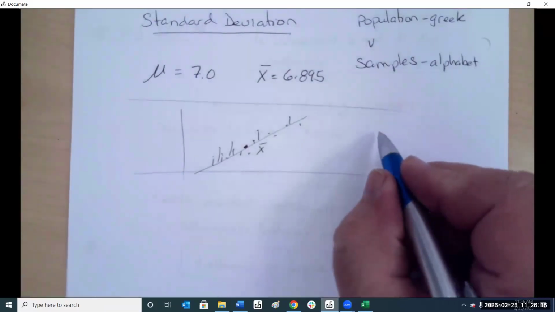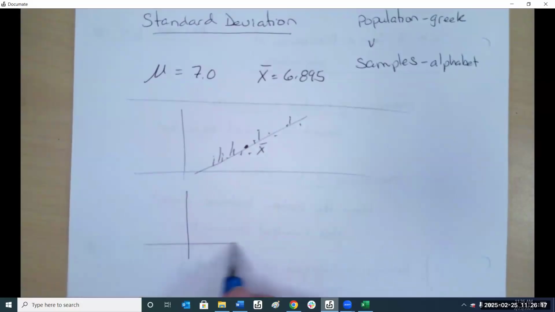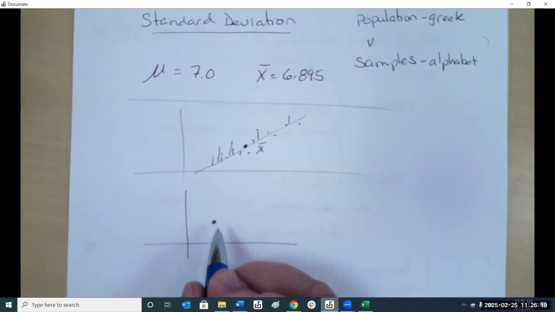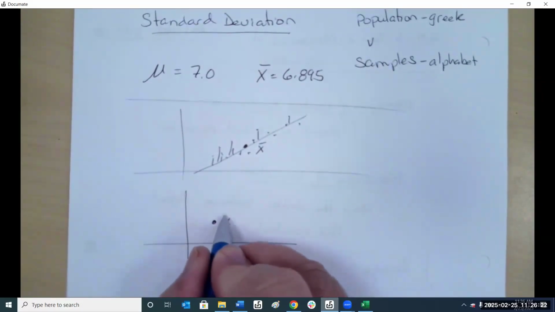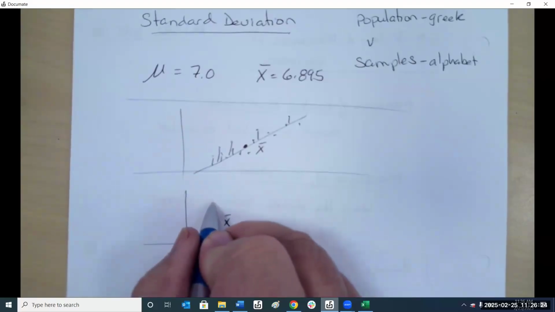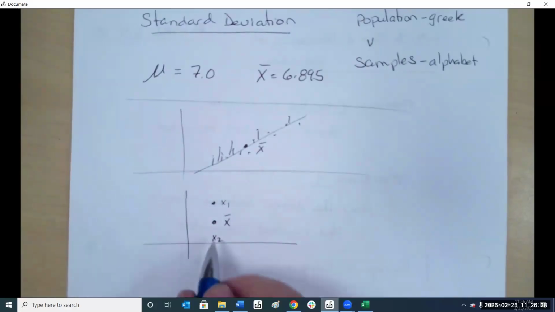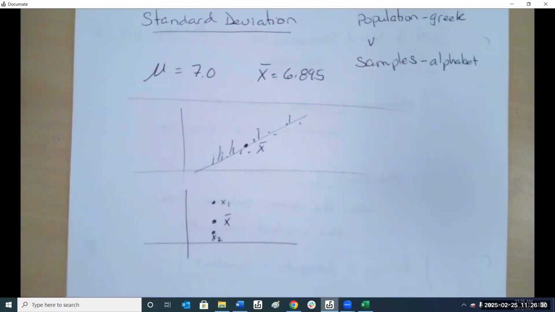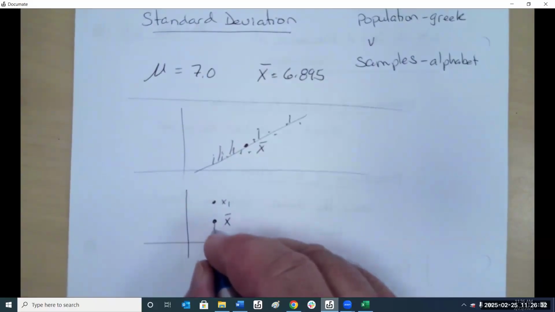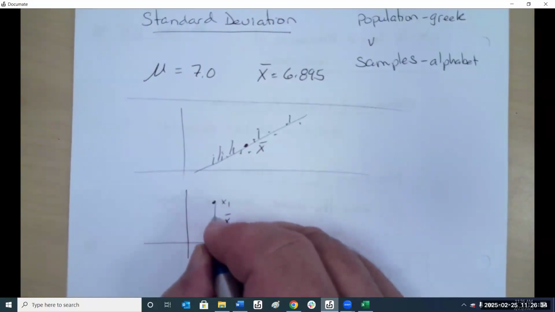So what we're looking at now is each value individually. So here's our mean. Let's say X1 is up here, X2 is here. So the deviation of X2 is smaller than that of X1.